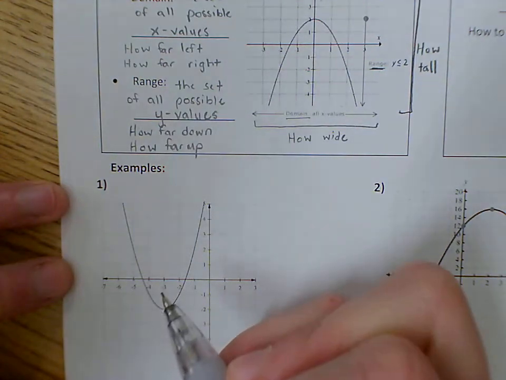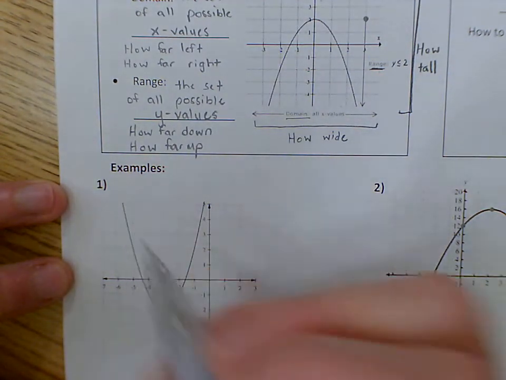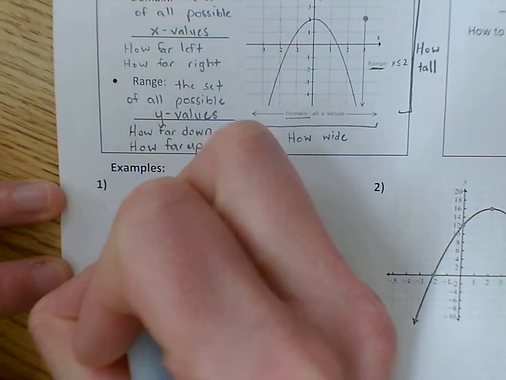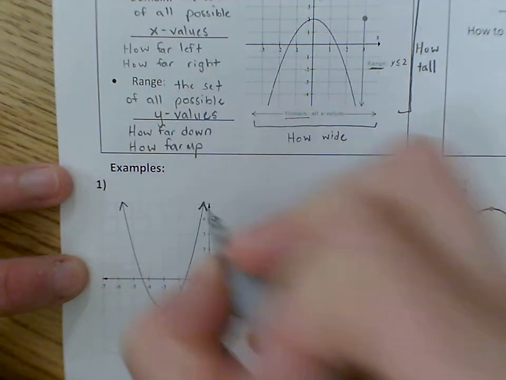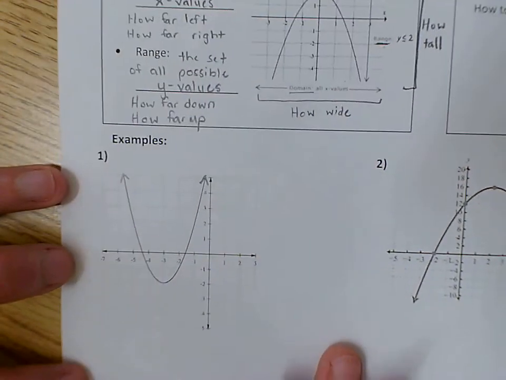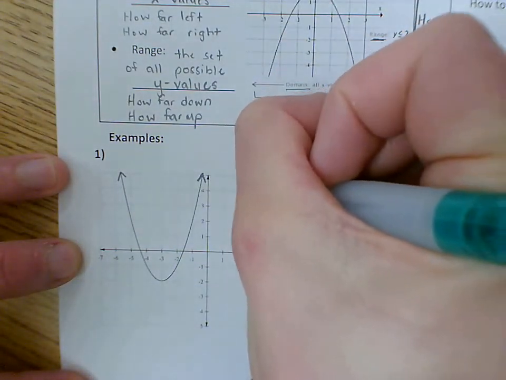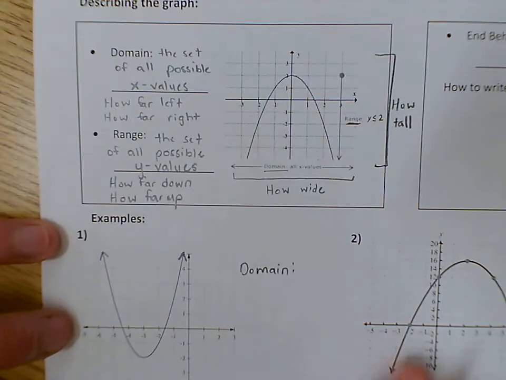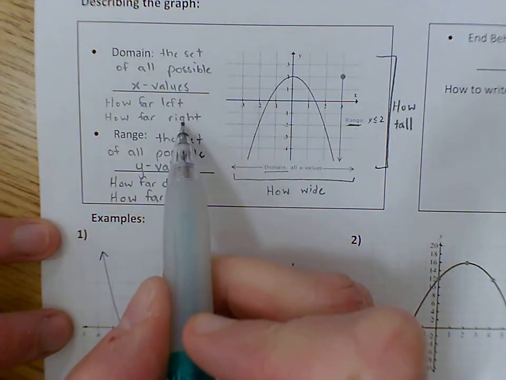Even though it's not written here, you need to remember that these keep going. So we're going to write arrows, because if this was a true quadratic function, it's going to keep going. Let's start by describing this graph in terms of the domain. Remember, domain is the x values, so you're looking at how far left and how far right it goes.